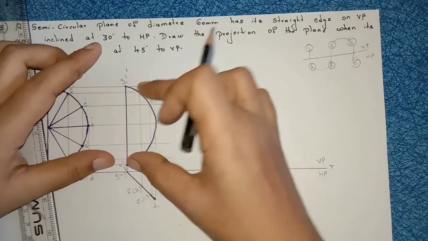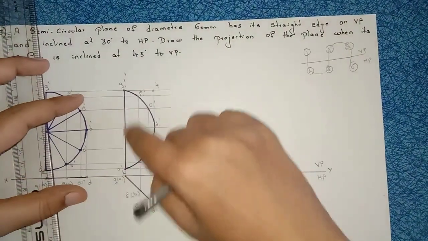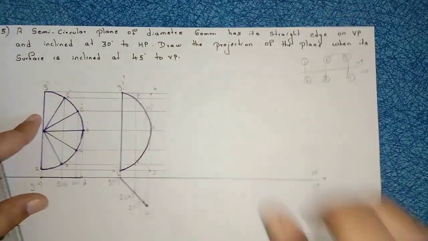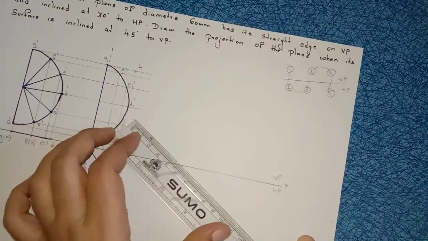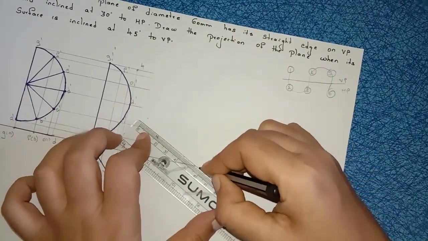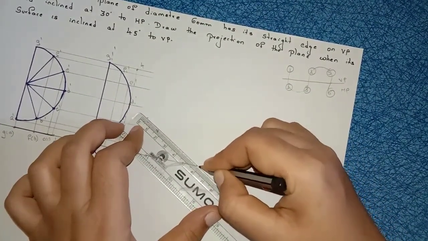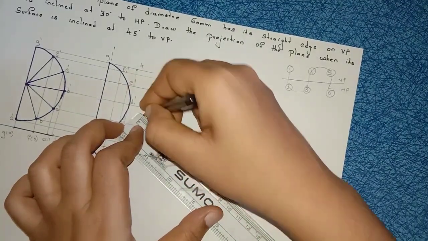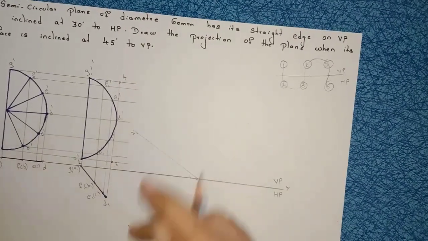Right? Same box I will construct here with an angle of 30 degrees. First I will measure this 1, 2. 1, 2 will be diameter 60 only, no? So first I will draw here a 60 mm line. Right? So this is 1 and 2.